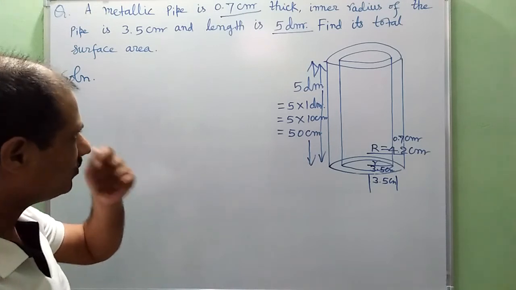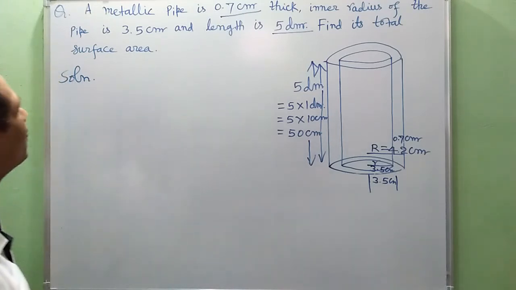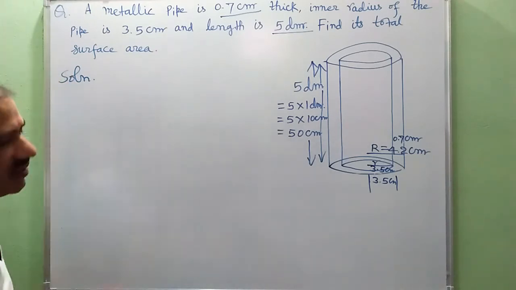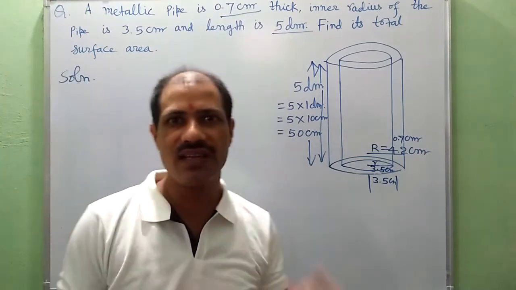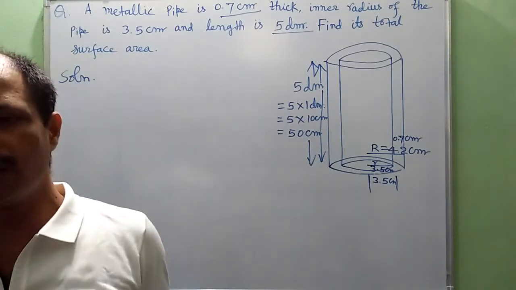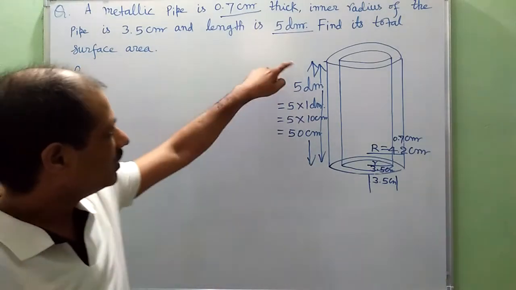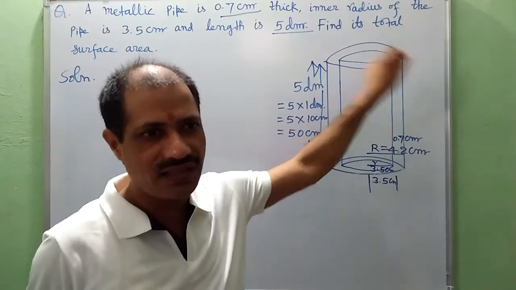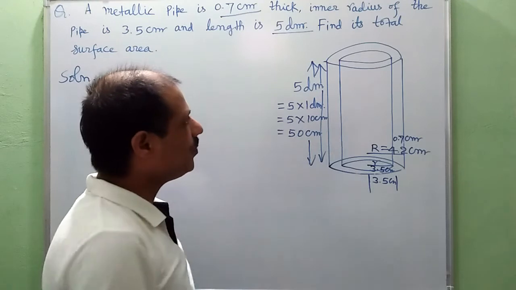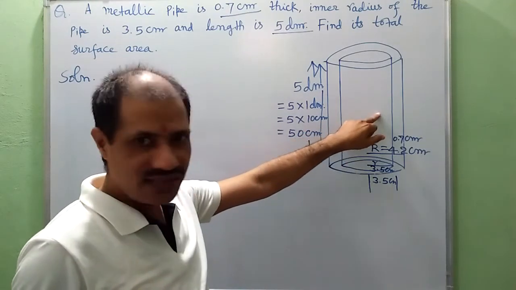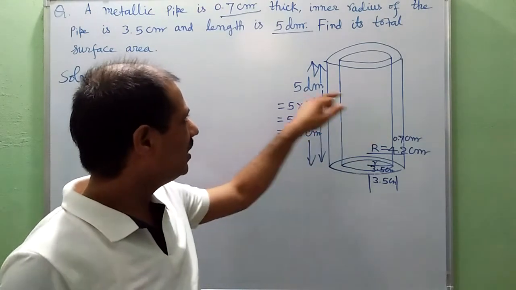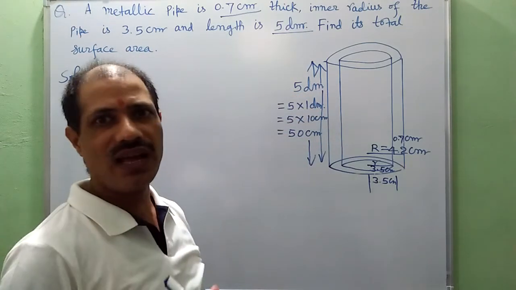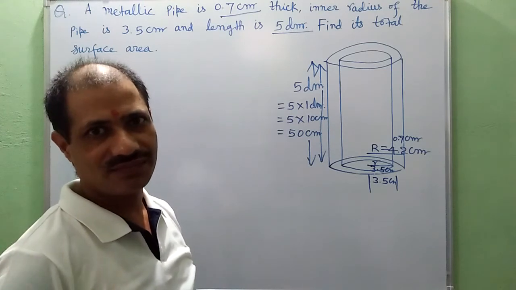Length is 5 decimeter. Find its total surface area. As we know, total surface area of a cylinder includes the curved surface area, that is 2 pi rh, and here are two parts, inner surface area as well as exterior surface area. So we have to add both areas.